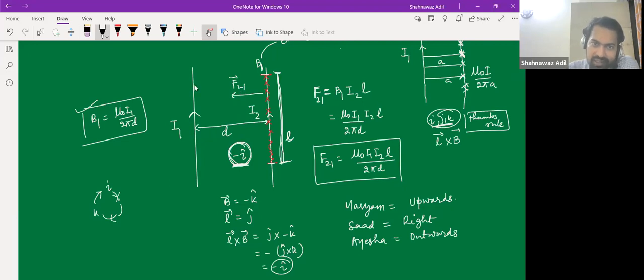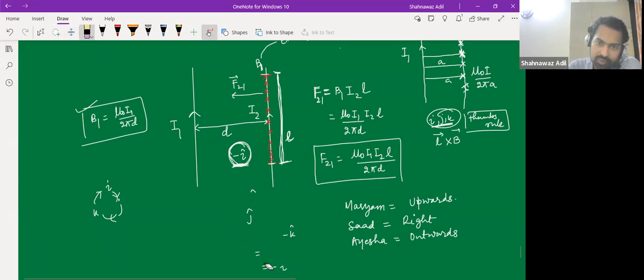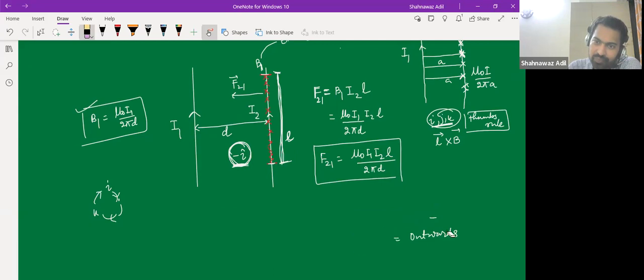So this is the force which is applied. I1 is applying the force in this direction. So is this attractive or repulsive? This is I1 and it is pulling it in its own direction, so this is attractive.